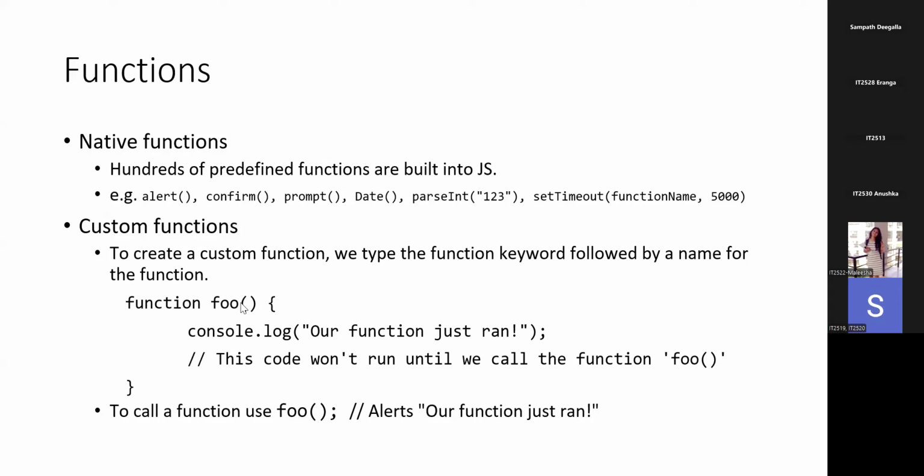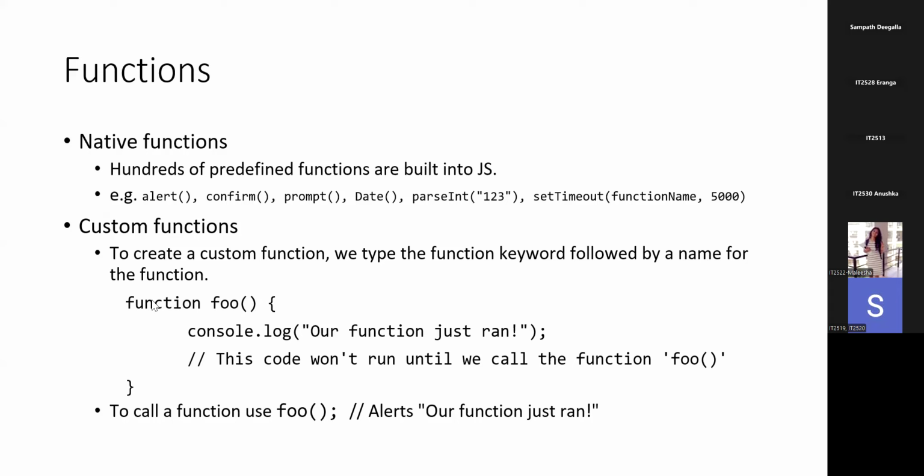Now, in this particular case, within brackets, everything is empty, which means that we are not expecting any arguments here. If you need any arguments, the values you need to process, you have to type them. In this function, we simply output a simple message, so we are not taking anything in.